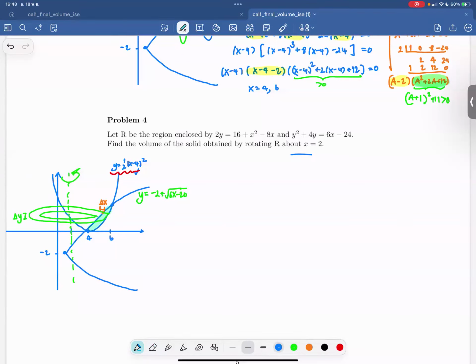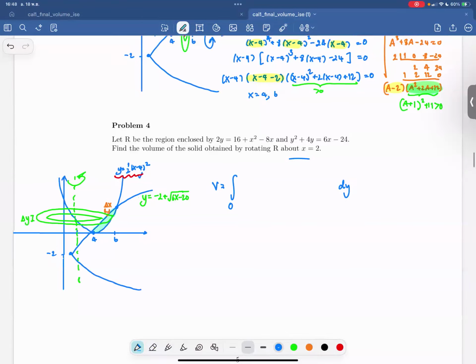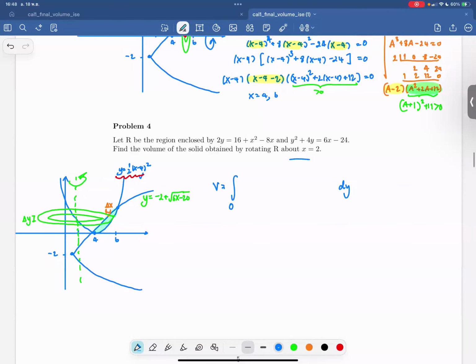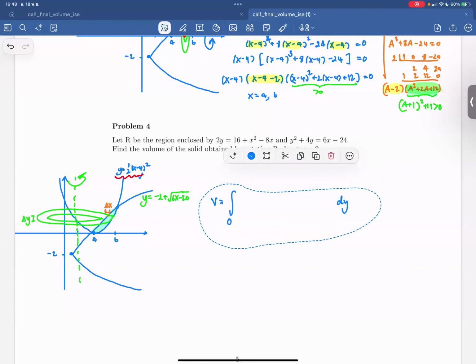So we have to set the calculation with respect to the variable y. So the boundary of the calculation should be 0 to the value of y when x equal to 6.